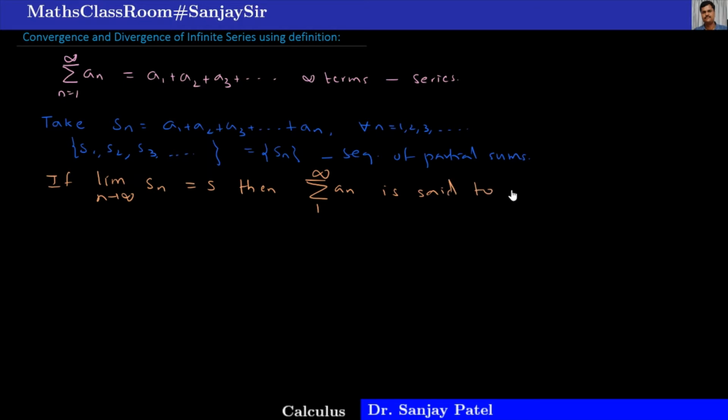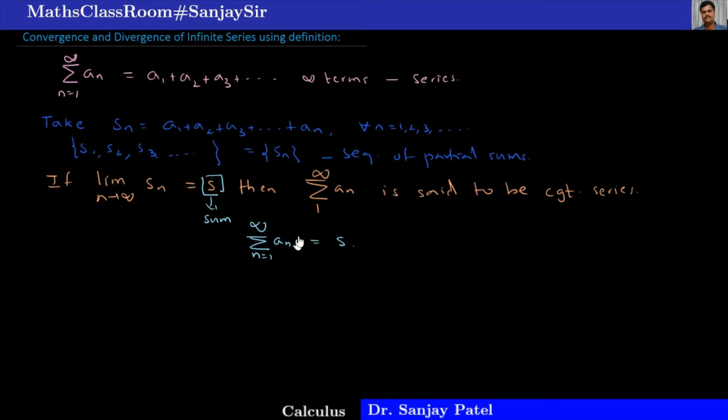So this is the definition of convergent series. We write it in short as CGT, convergent series. And the value of this S is called the sum of the series, and we write it as sigma an, n equal to 1 to infinity, is equal to S.